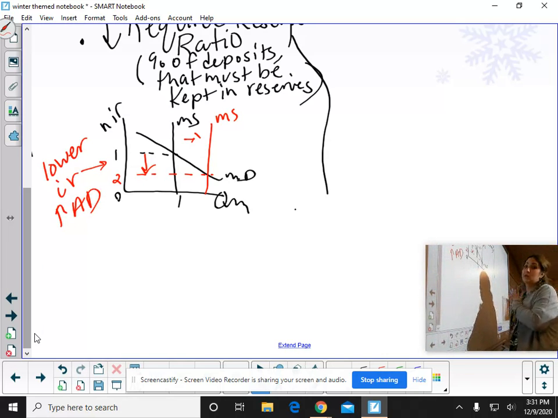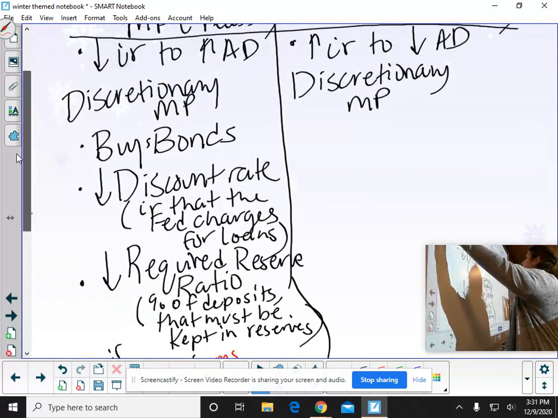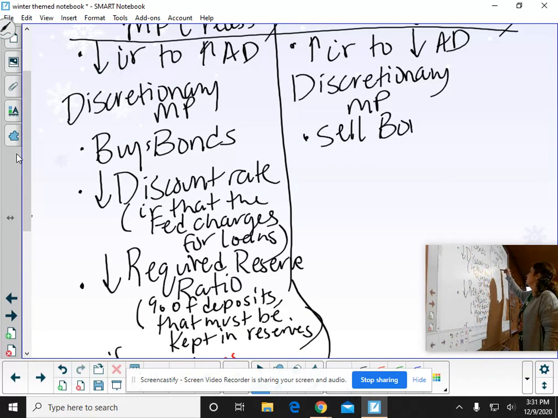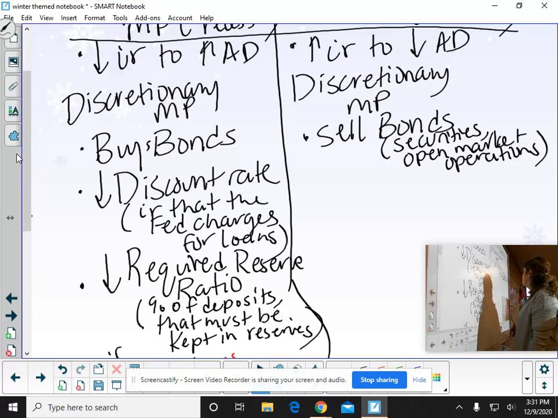Of course, in a period of inflation, we're going to do the exact opposite. The Federal Reserve will do the exact opposite with those tools. So instead of buying bonds, the Federal Reserve will sell bonds on the open market. Remember, bonds are also called securities or open market operations. Those are the big names that they're going to use interchangeably. So bonds, securities, open market operations, all of those mean the buying and selling of bonds.